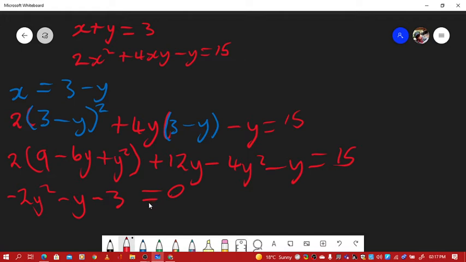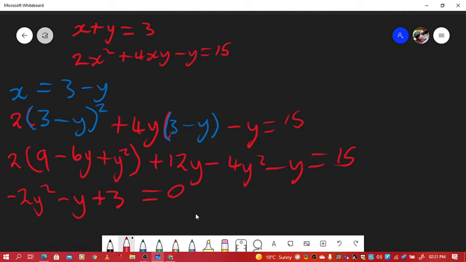So now I have to factor out this equation. Okay, I think I might have made a mistake here. Positive 18 minus 15, it's not negative 3, instead it's positive 3.